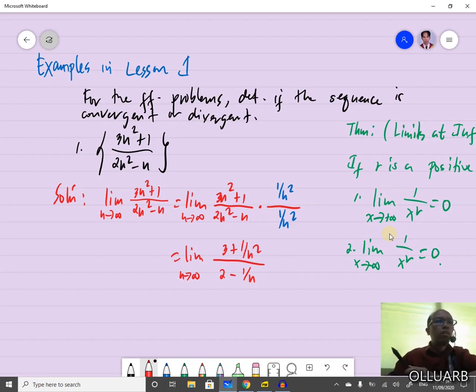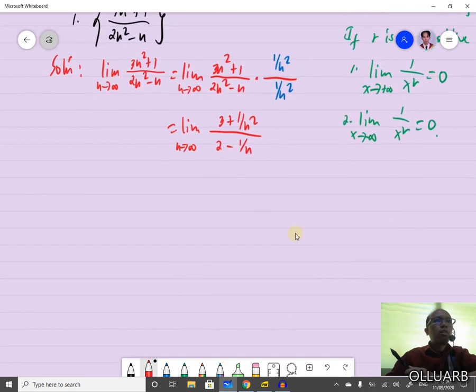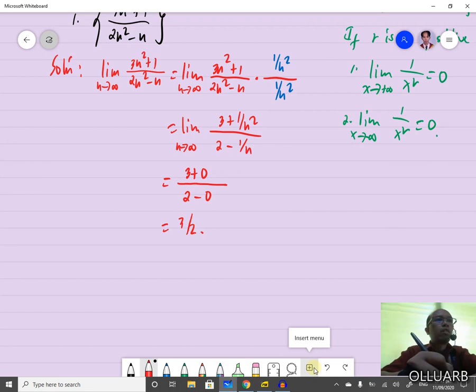Okay, we can evaluate now the limit. This is 3 plus 0 over 2 minus 0, and this is 3 halves.